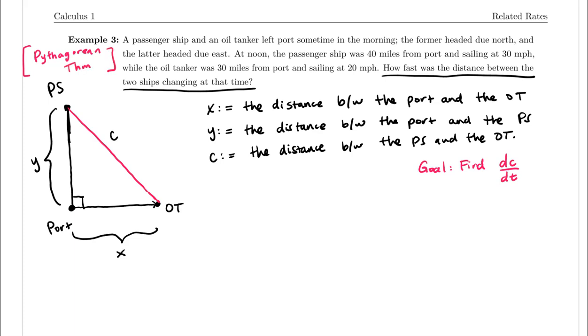Okay, so if this is a Pythagorean theorem question, let's create an equation that's going to relate all three of our variables, and that equation is going to be x squared plus y squared is equal to c squared. From here, I can take the derivative of both sides with respect to t, and I'm going to use implicit differentiation.